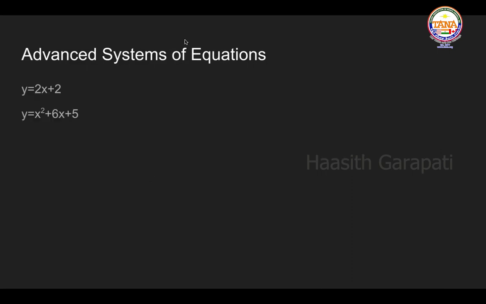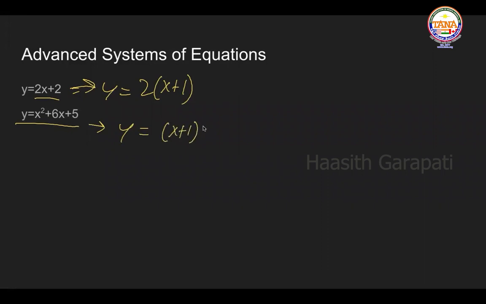This is relatively easy to solve, but I'm going to show you another way to solve it where you create your own variables. You notice how this is factorable into y is equal to 2 times x plus 1. And then look down here. This is factorable into y is equal to x plus 1 times x plus 5.